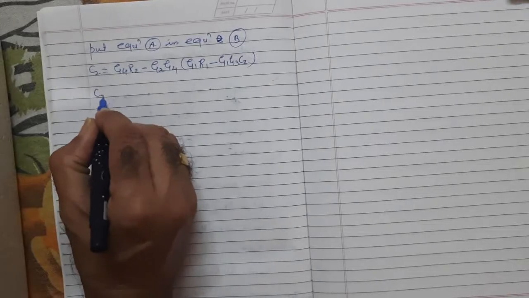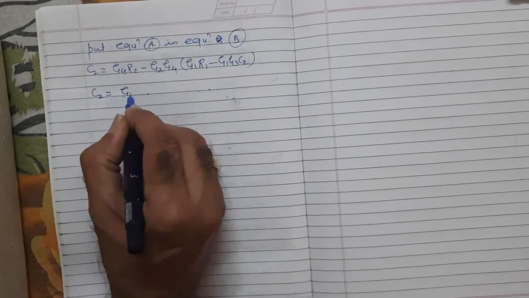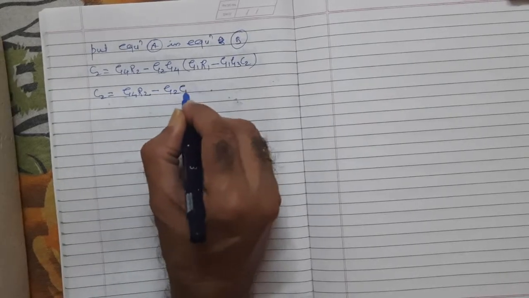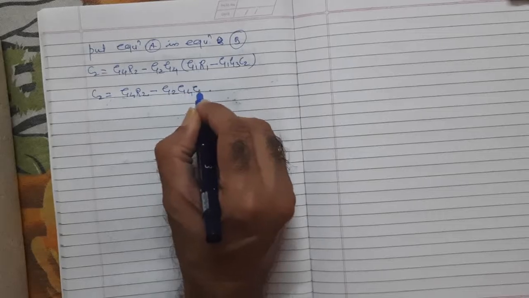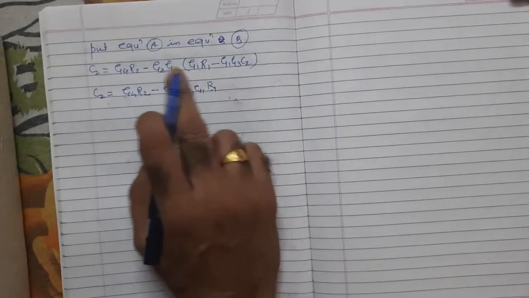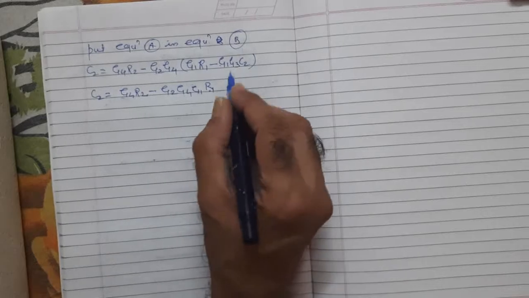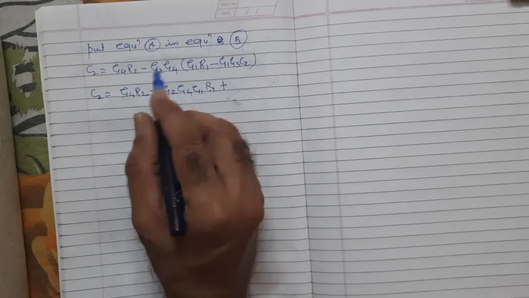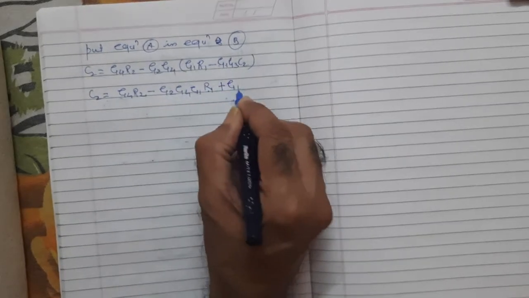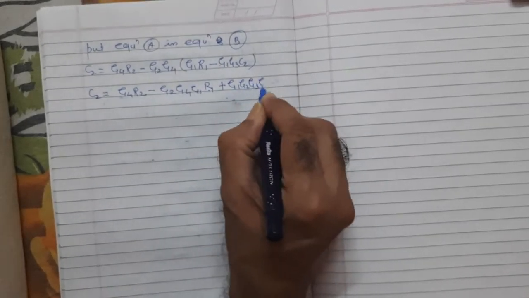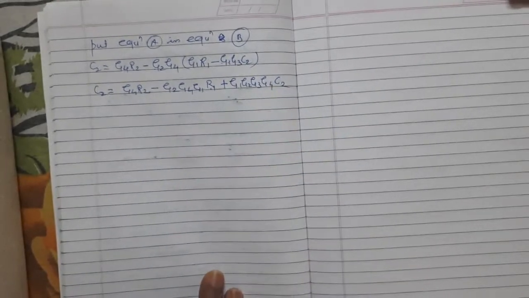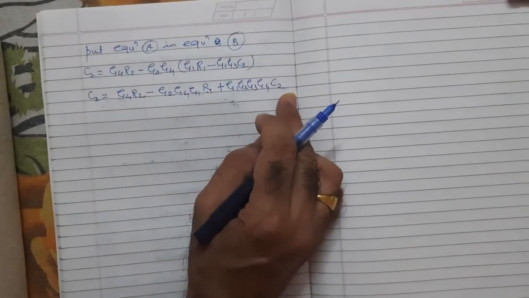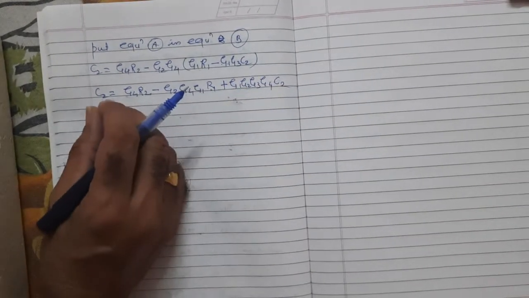Now we will solve this one. C2 equals G4 R2 minus G2 G4 G1 R1, and this minus minus becomes plus, so plus G1 G2 G3 G4 multiplied by C2. Now these terms we will transfer to the left side.